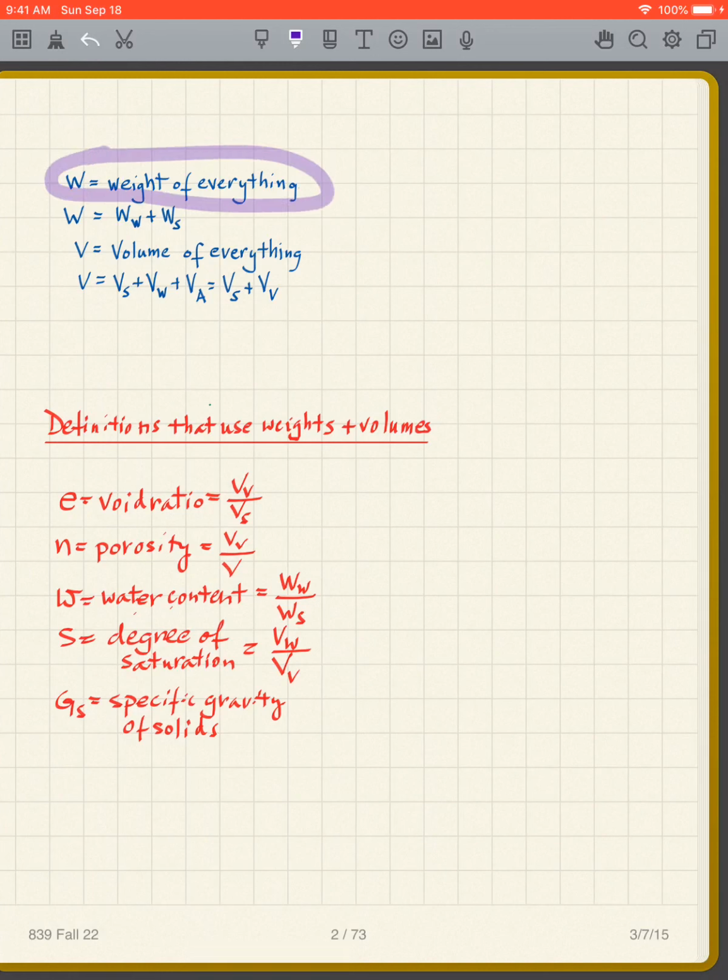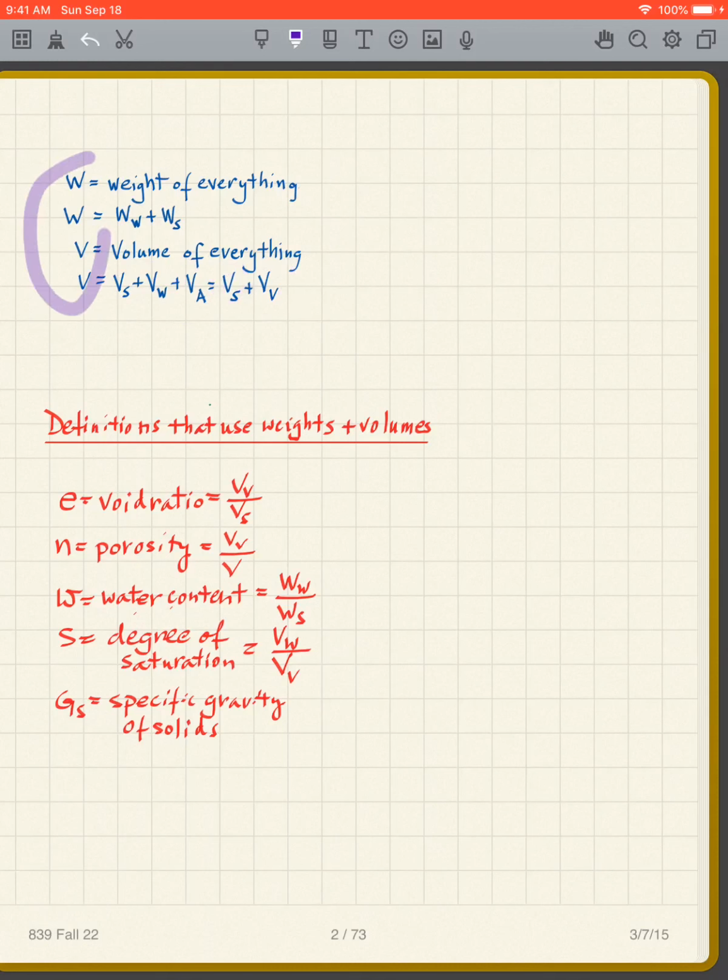W is the weight of everything. The air is assumed to have no weight, so W is simply the weight of the water plus weight of the solids. V is the volume of everything, which would be the volume of the solids plus the volume of the water plus the volume of the air, which is the volume of the solids plus the volume of the voids.